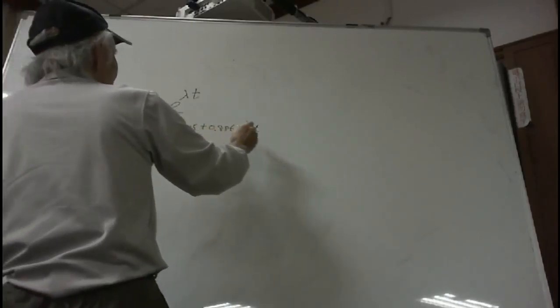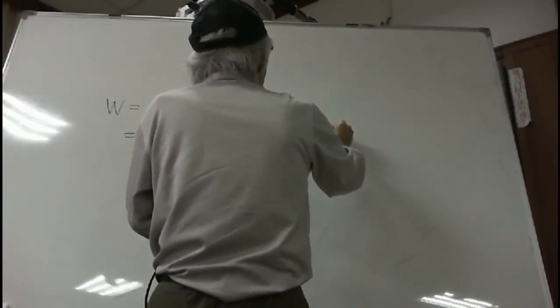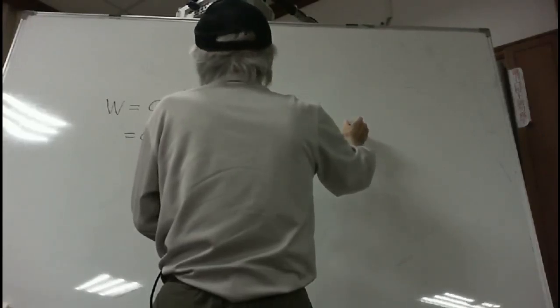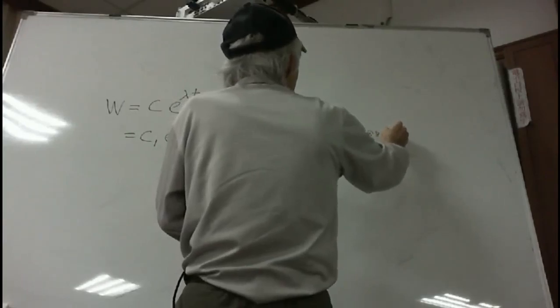Then I have C1 plus C2 e^(minus 0.5 plus minus 0.886i) t.